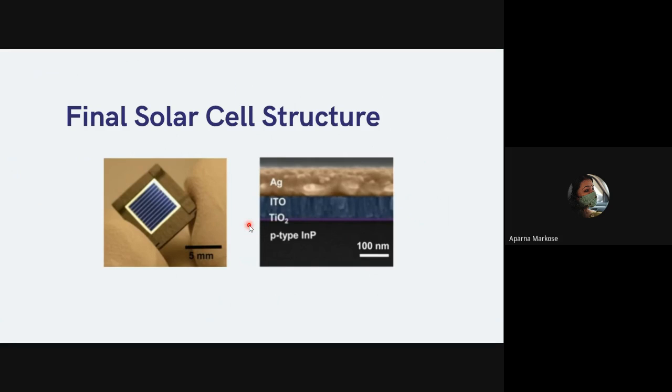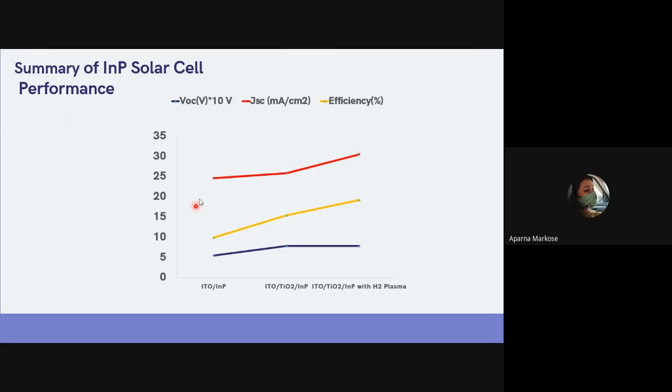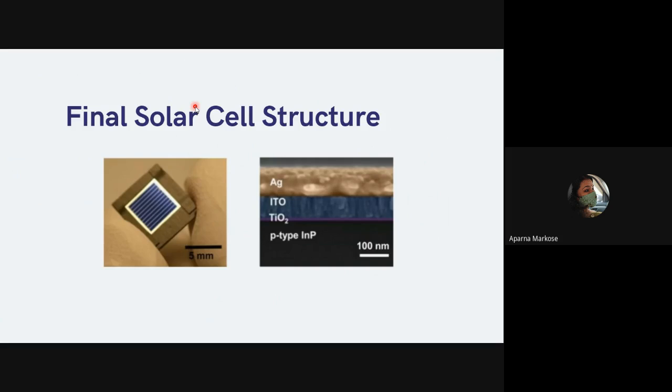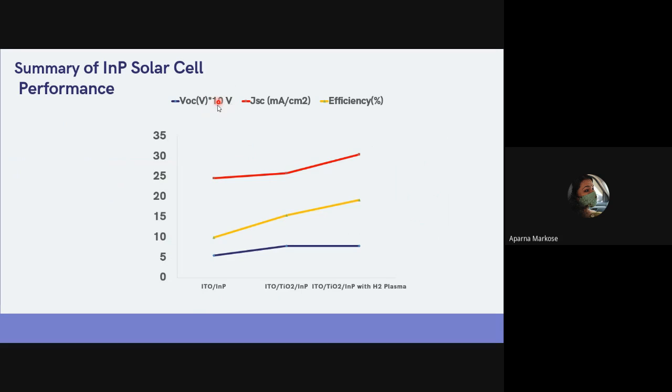So initially I have shown you the final solar cell structure already. So this is the final solar cell structure with this efficiency, short circuit current, and also open circuit voltage. This is actually not exactly the unit.